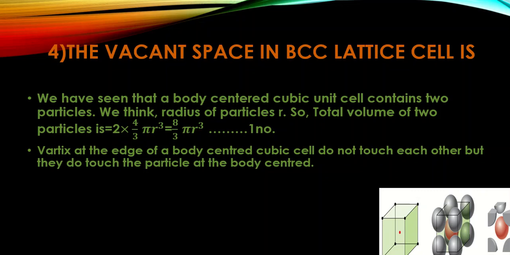The particles at the vertices of a body centered cubic cell do not touch each other, but they do touch the particle at the body center. Here we see the structure of the BCC, and the central atom touches the corner atoms, but the corner particles do not touch each other.